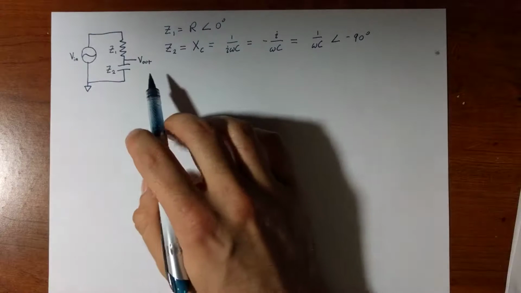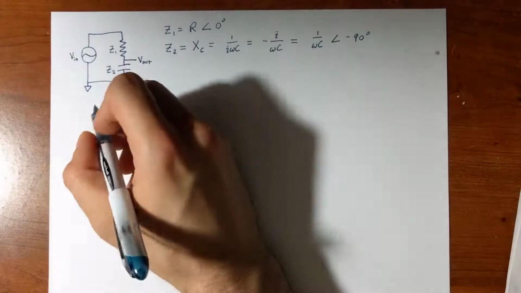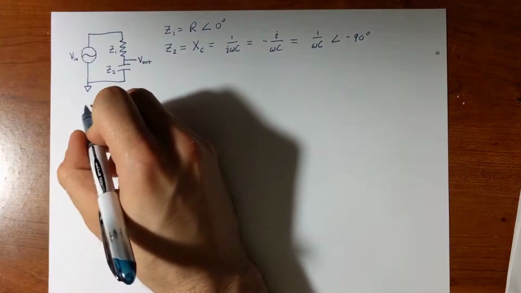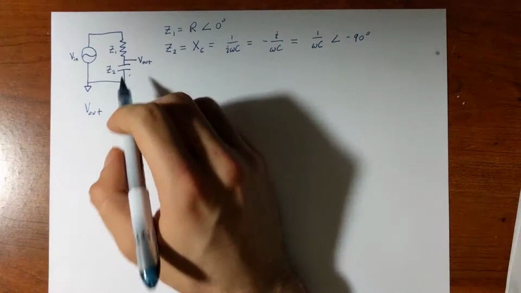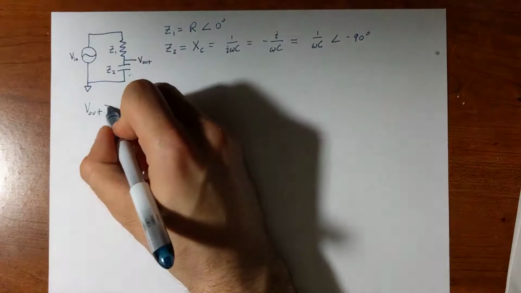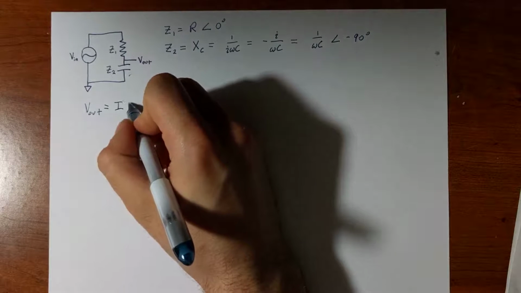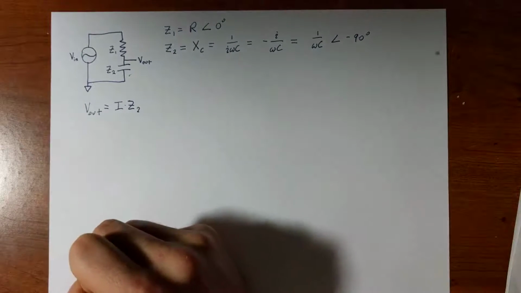So we want to figure out, all right, this V out. Well, Ohm's law still applies in its slightly more complex form. So the voltage across the capacitor is going to be equal to the current through the capacitor times the impedance of the capacitor.